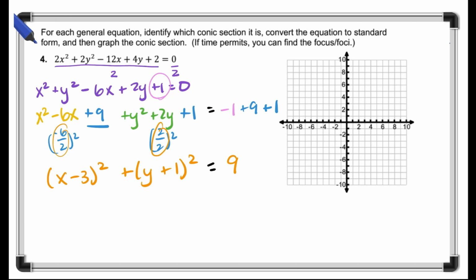So in our circle, this is actually a circle, your coefficients are 1, you have both terms squared, and you do have an equal radius. So now if we find our center, we have 3 and -1, and we have a radius of 3. So we can do 3, -1, plot our radius, and go ahead and draw our circle.